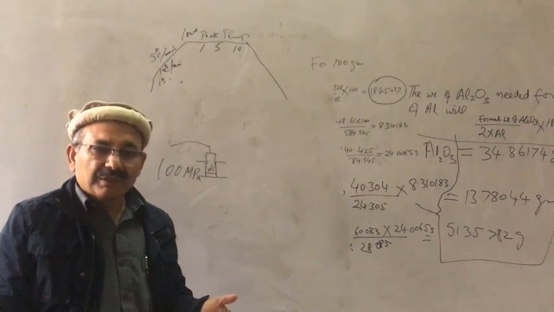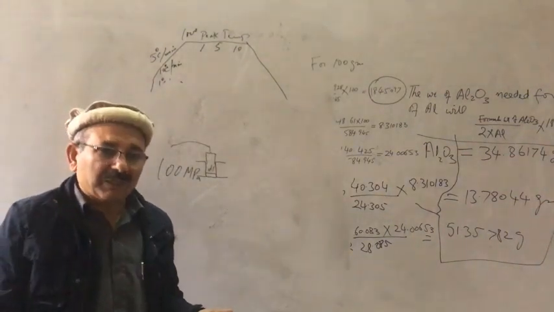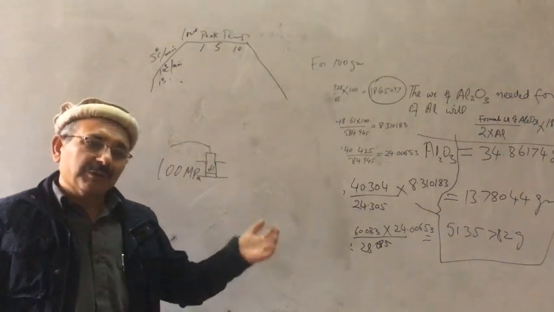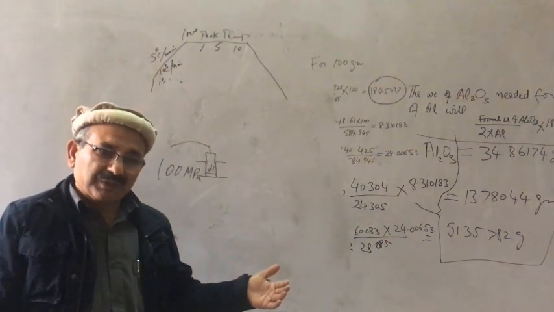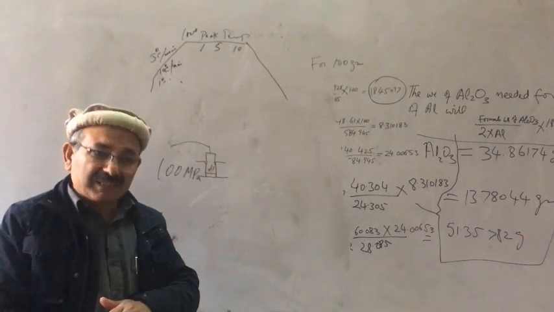There are many different things. Some materials don't press properly, and for that people add various additives, organic materials, to make them pressable.